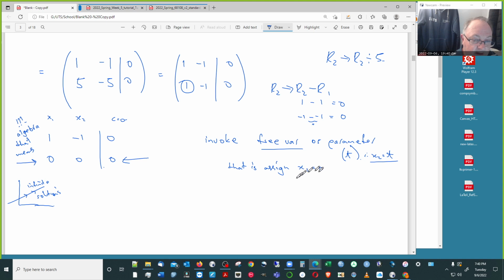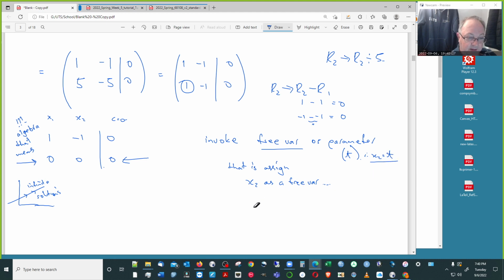Okay, but in this case here, x2 equals a free variable. Sorry, I've got to get that right. x2 is a free variable, not necessarily 0. Can be 0, but it's a free variable.